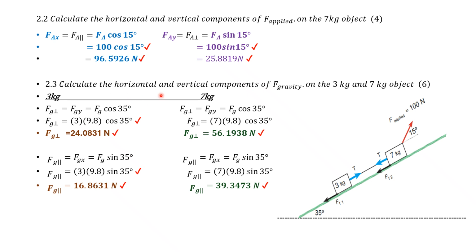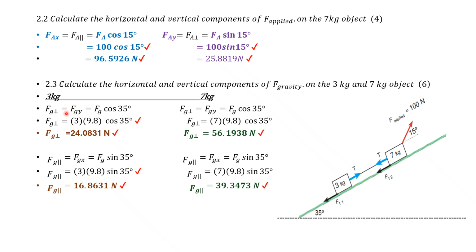Now they want me to calculate the horizontal and vertical components of gravity on the 3 kg and 7 kg object for 6 marks. So for the 3 kg, FG perpendicular, which is Y, becomes cos. Now remember, for all problems in Newton's laws, Y becomes sine. But for an incline, they swap around for gravity. So gravity will always be the opposite of what you do.